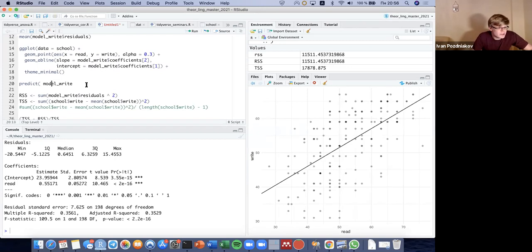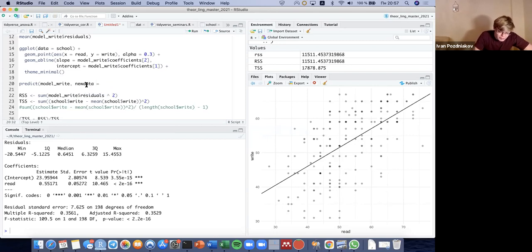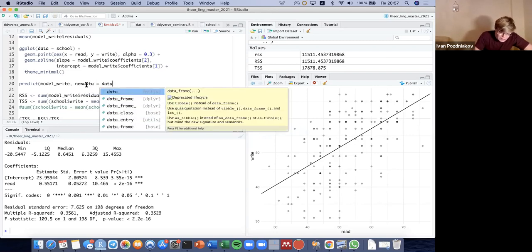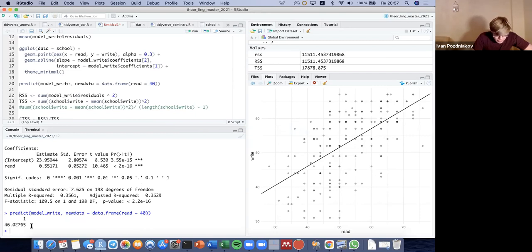So I'll check predict, model, and you need to provide a newdata argument, and for the newdata argument you need to provide a data frame with the same predictors. So you need to say, for example, read equal to 40, and that will generate your prediction, right? 46, just a value on this line for 40.